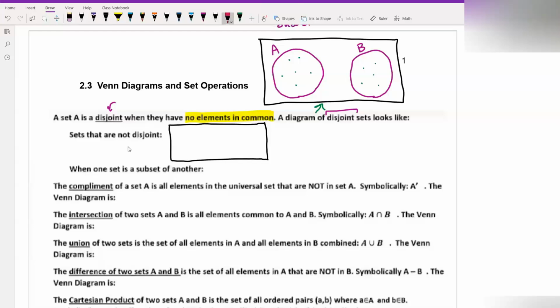Here again, I have set A and set B. Not disjoint means we have an intersection between these two sets, and that is here in between.